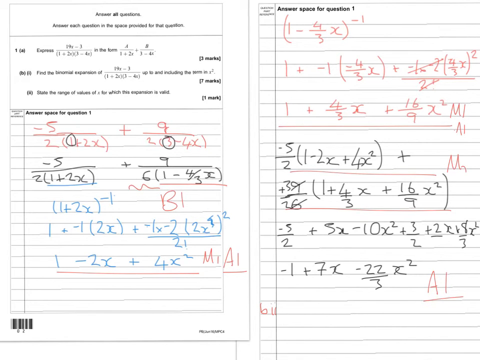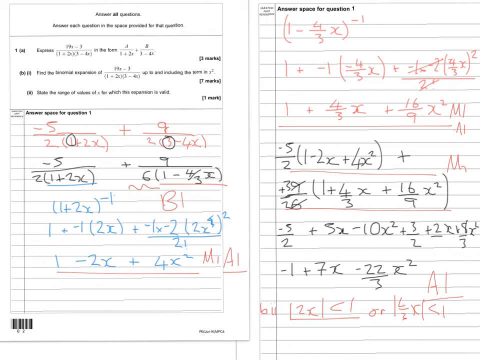B2, state the range of values for which this expansion is valid. So it's valid when either the modulus of 2x is less than 1 or the modulus of 4/3 x is less than 1.